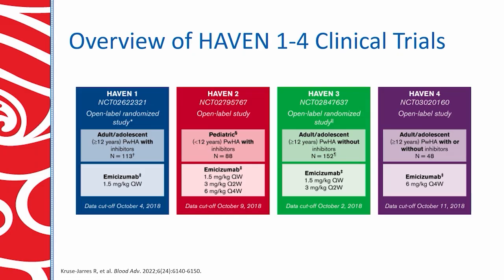So that was HAVEN 1. HAVEN 2 focused more on the pediatric population. HAVEN 3 included patients without inhibitors, and HAVEN 4 focused on a less frequent treatment regimen. Emicizumab was given every 4 weeks.